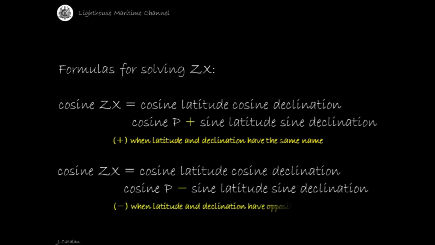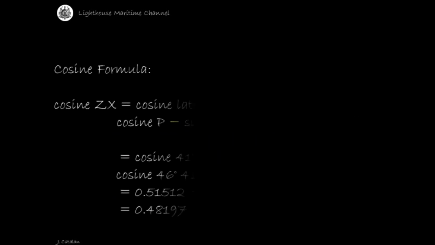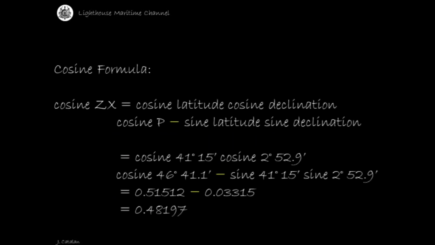Subtract when latitude and declination have opposite names. Cosine formula: cosine ZX is equal to cosine latitude multiplied by cosine declination multiplied by cosine angle P. The result is subtracted by the product of sine latitude multiplied by sine declination.